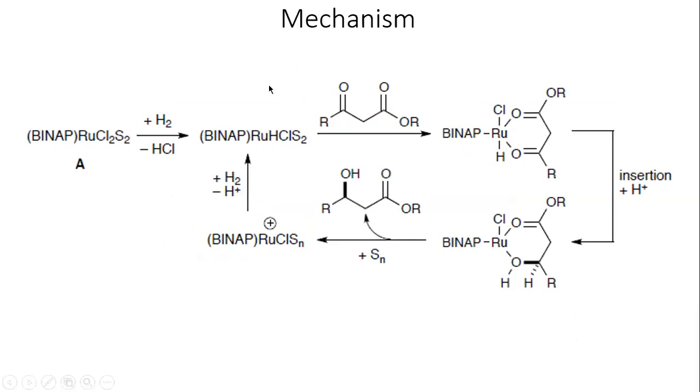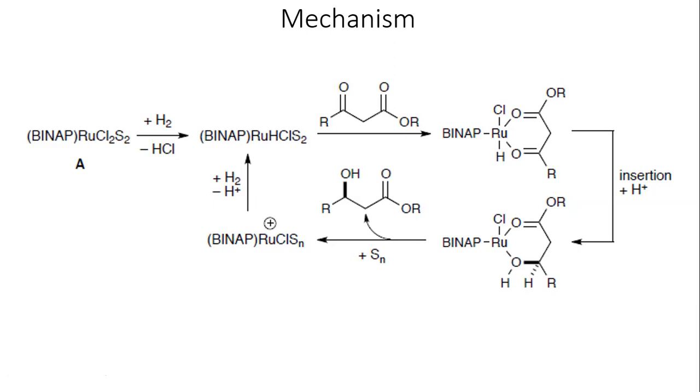So when you look at here, if you add in hydrogen, this ruthenium already has two solvent molecules attached to it and two chlorines attached to it. But when you add in the hydrogen, you lose HCl. That's one of the byproducts, and then you end up with this ruthenium BINAP monohydride system, right?